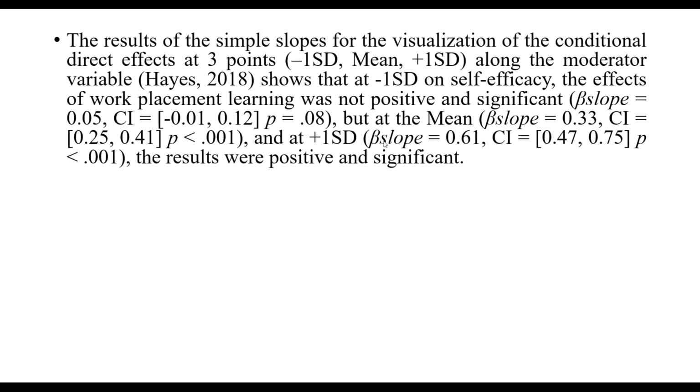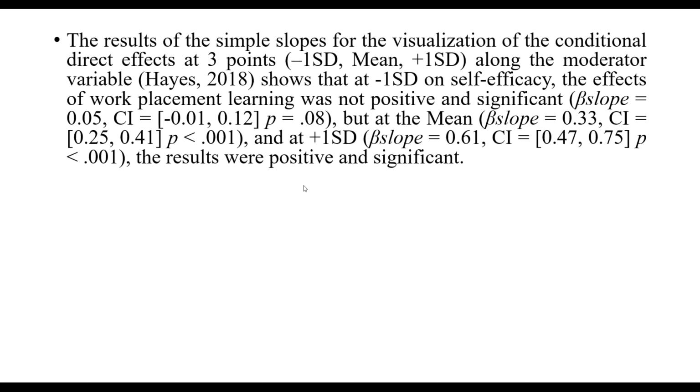But at the mean, which is at the average level of parental support, and at high level of parental support, which is +1 standard deviation, you can see that the beta weight slopes are positive and high. So you can see at the average is 0.33, and then at high level you can see 0.61, and both confidence intervals for upper and lower band at both cases are all positive.